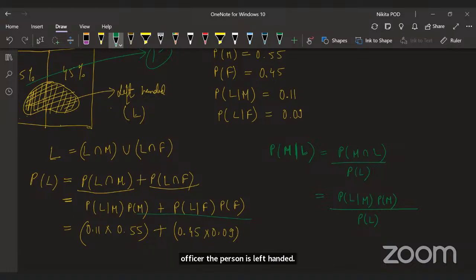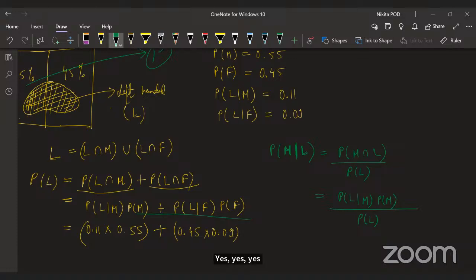Ma'am, I have a doubt. Probability of left-handed given male is 11% of the given male, no?